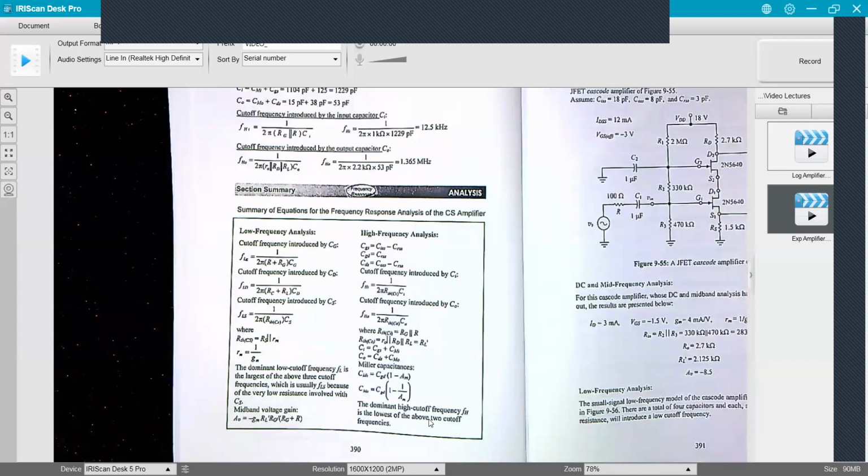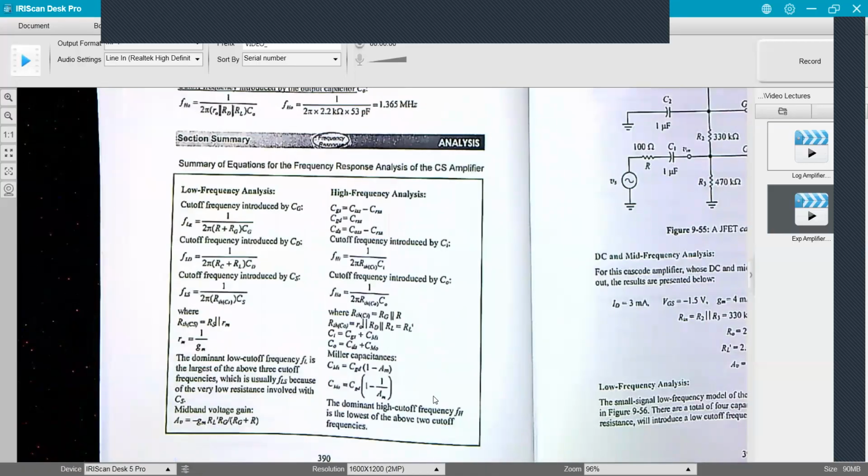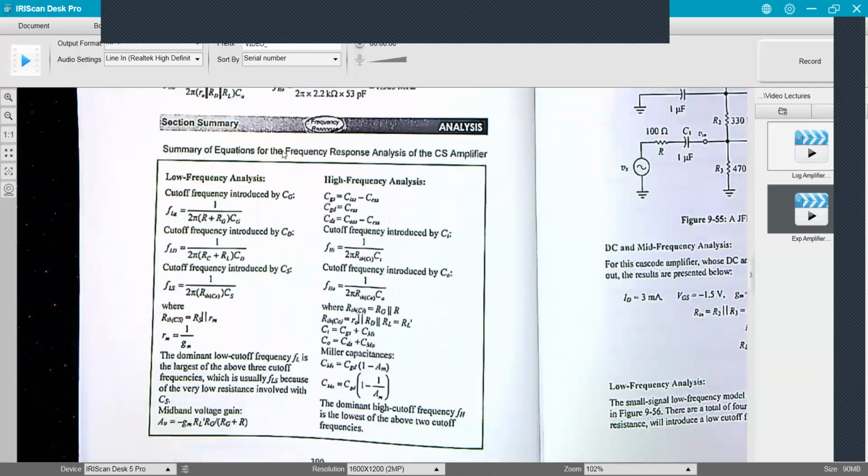Okay. And as in the last exam, here's the summary of the equations for the frequency response analysis for the common source amplifier. So here are all the equations. You'll just have to plug the numbers in. There's low frequency analysis and high frequency analysis.